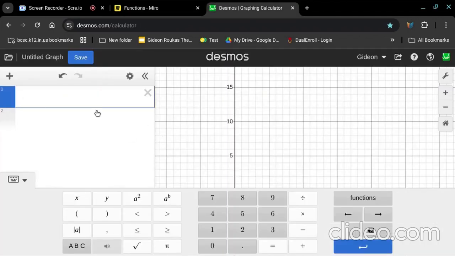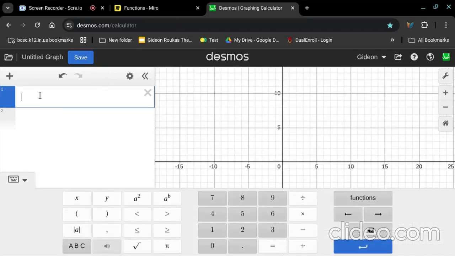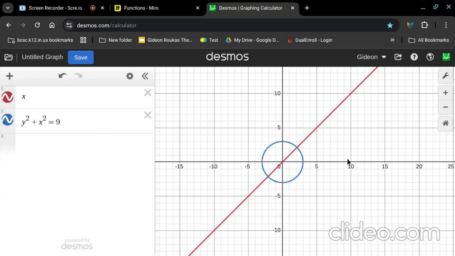One critical way you can tell just on a graph is if, let's say, you have x right here, and then you have y squared plus x squared equals 9, something like that. So first, you look at this. Does it pass what's called the vertical line test?